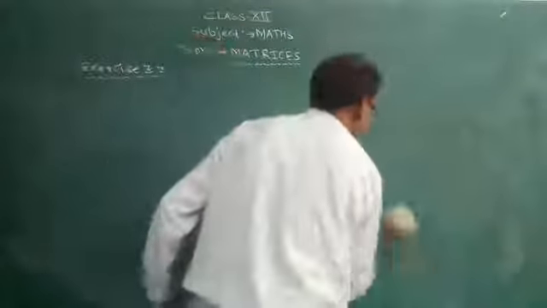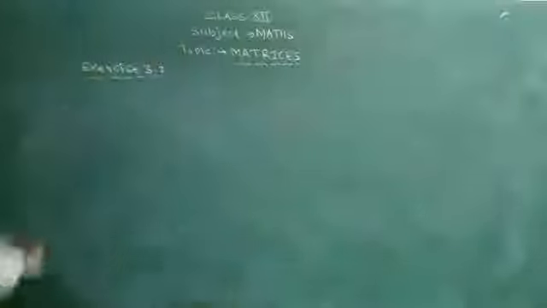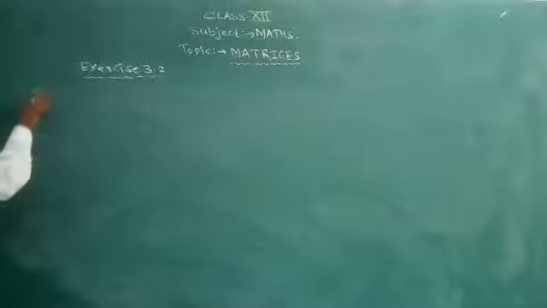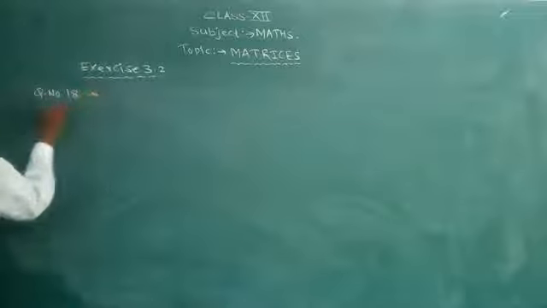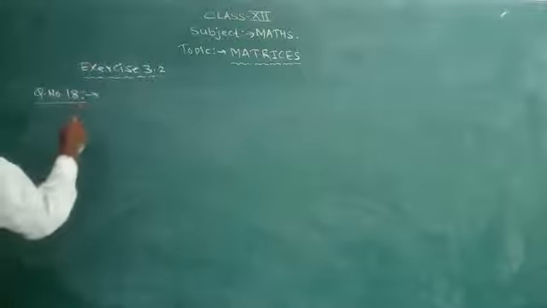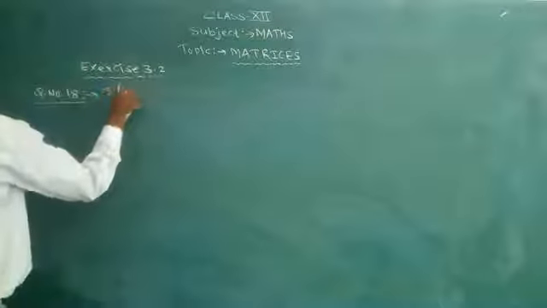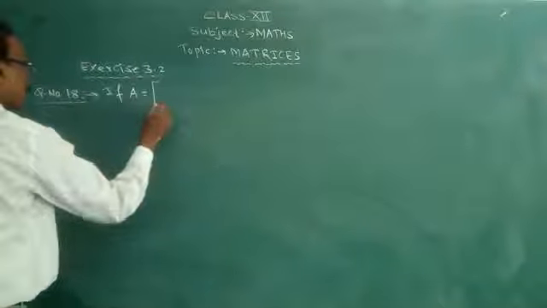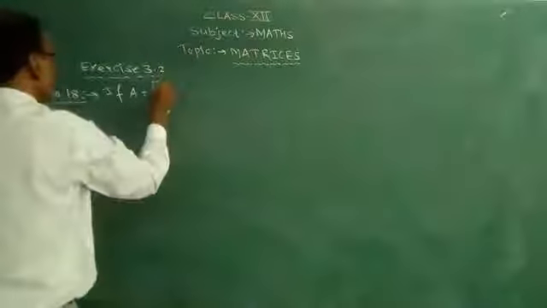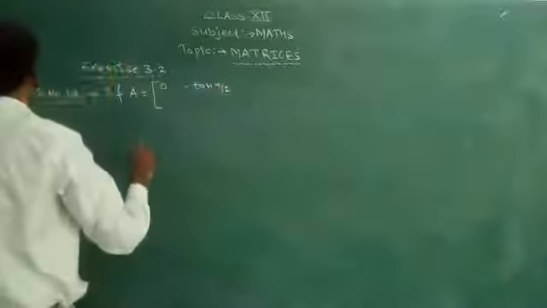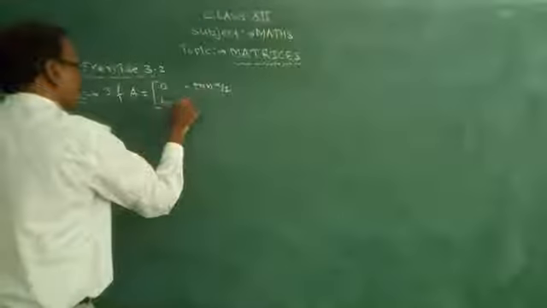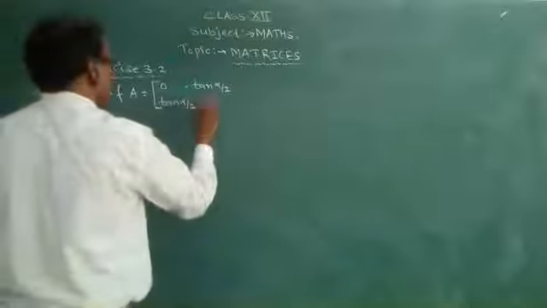The next question is, I think, question number 18. Question number 18 is: if capital A is given, that is 0, minus tan alpha by 2, then tan alpha by 2 and 0.